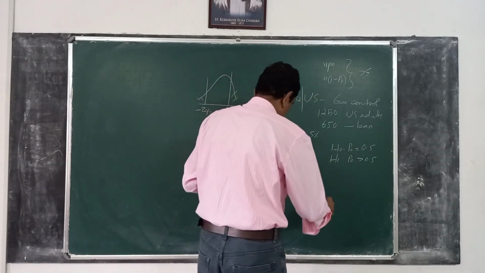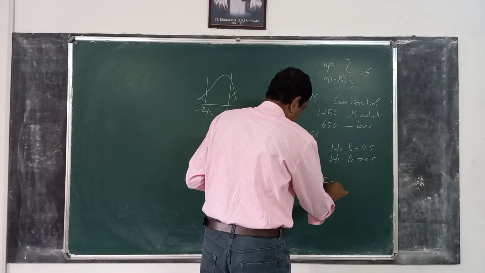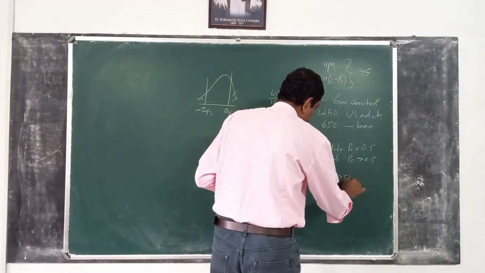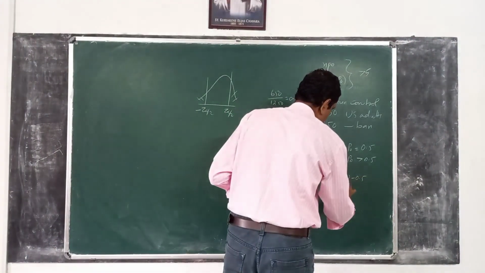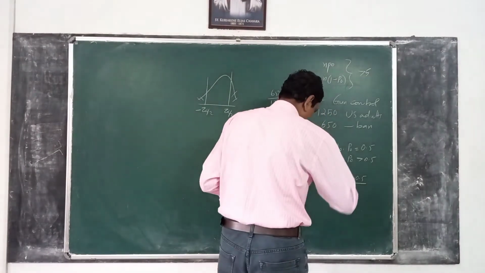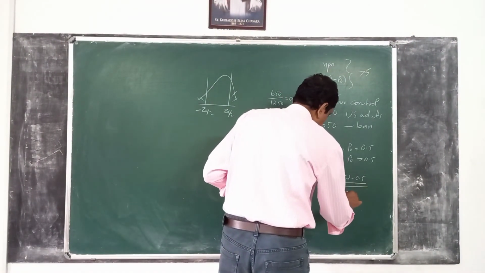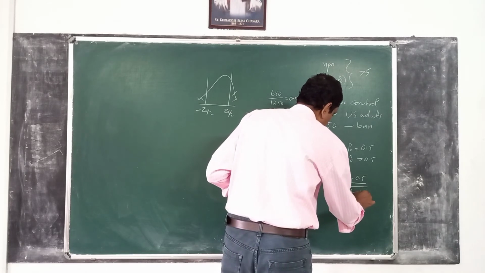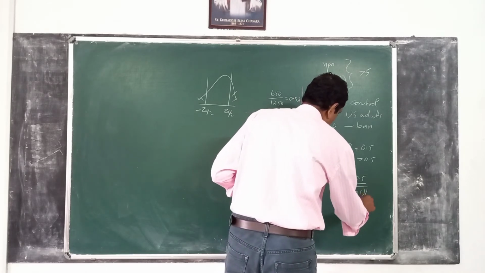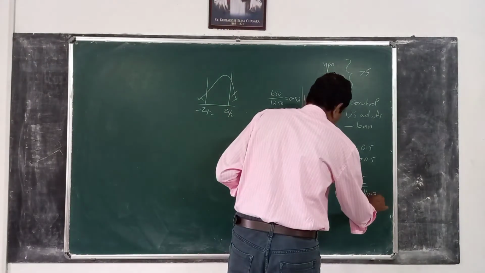So Z is 0.52 minus 0.5 divided by root of 0.5 into 1 minus 0.5 divided by 1,250.